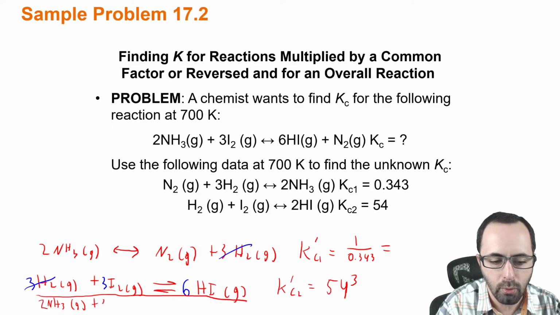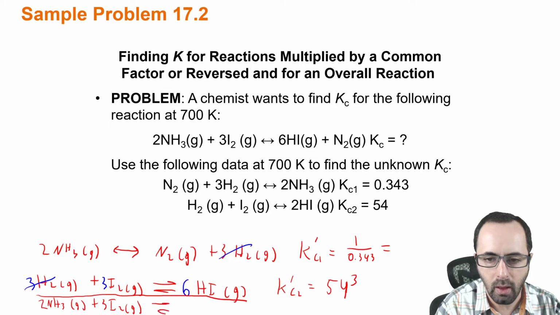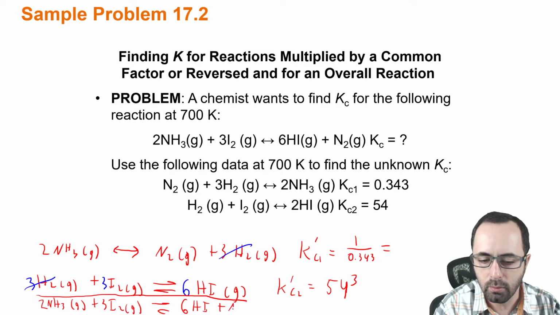We'll have 3 I2s, and then we'll have the 6 HIs and the N2. So we've got the overall reaction here.